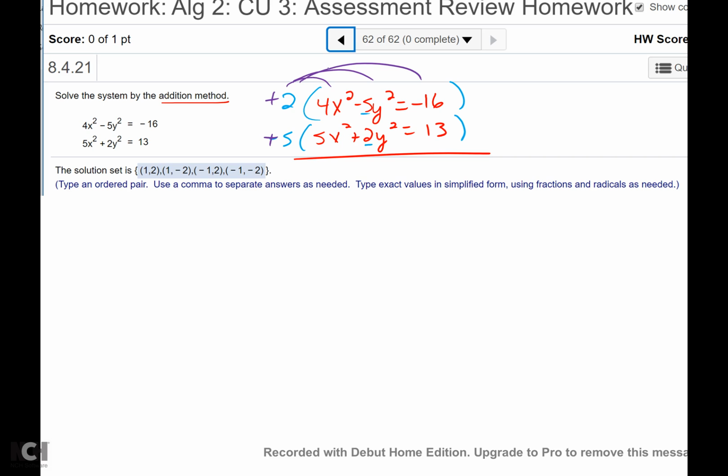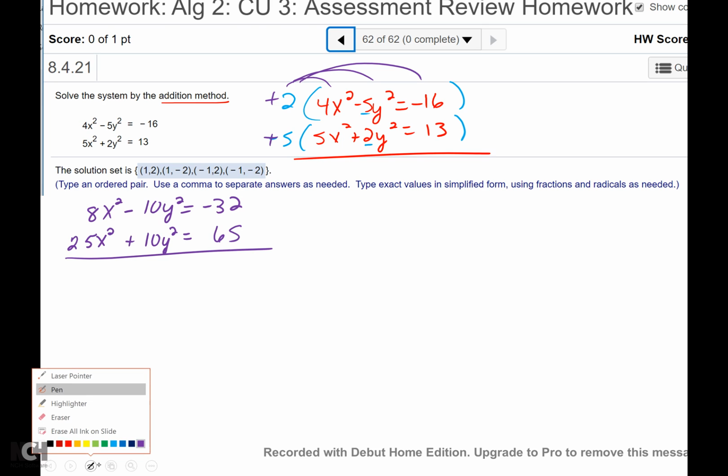So I'm going to distribute. I'm going to get 8x squared minus 10y squared equals -32. On bottom, I'm going to have 25x squared plus 10y squared equals 65.